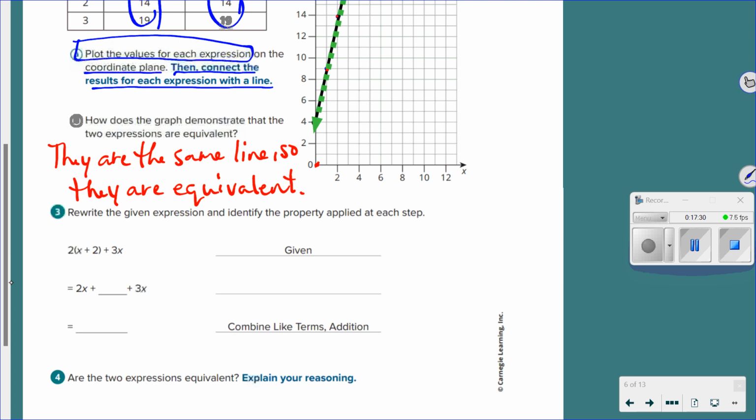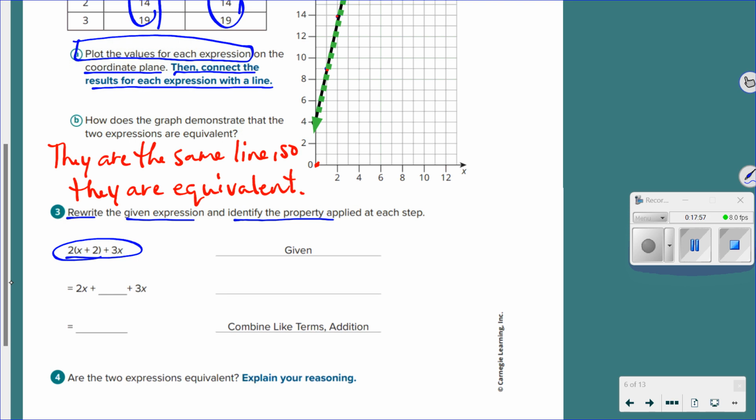Normally, you start with, and what we're doing, rewrite the given expression, identify the property applied. So, when they give you a problem to start with, that's what we call given. So, the way we write mathematically, we just say given. That's what I started with. We then have to say what we are doing, what mathematical properties we're using as we go from one step to the other until we get to our final answer.